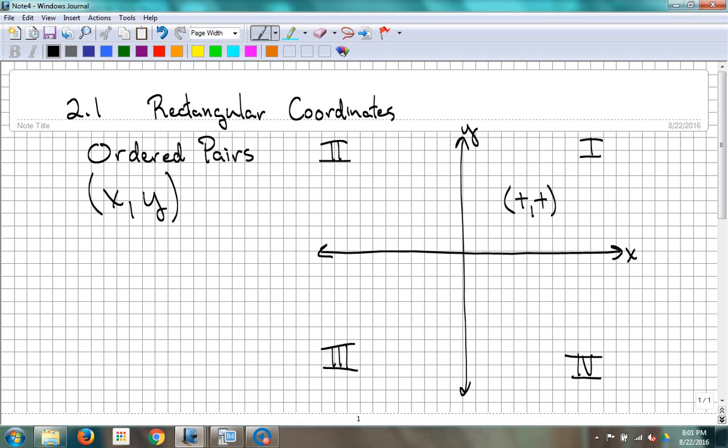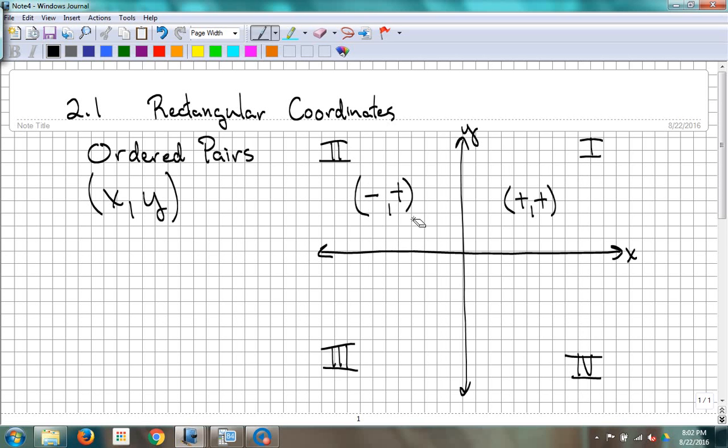Okay? In quadrant 2, what changes? Well, all the y's are still up here, so that's still the positive side of y. But the x's now went to the left. So to the left is going to be negative. So all the ordered pairs in quadrant 2 have negative x values and positive y values.